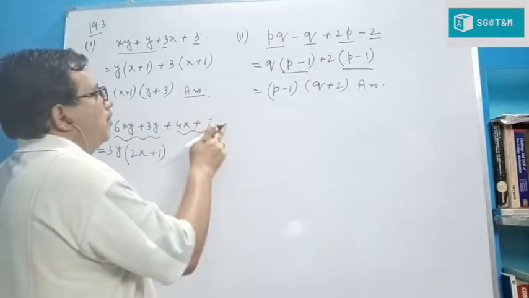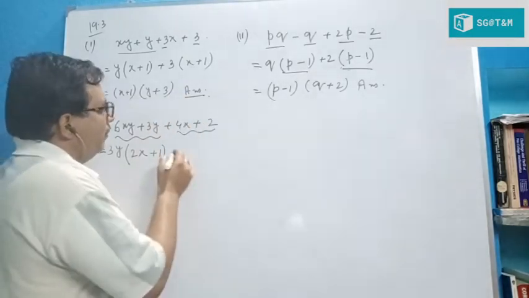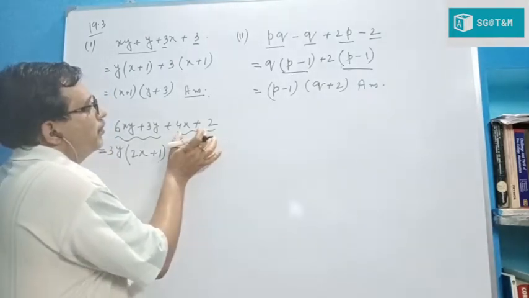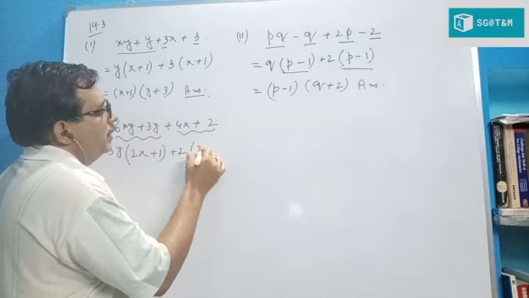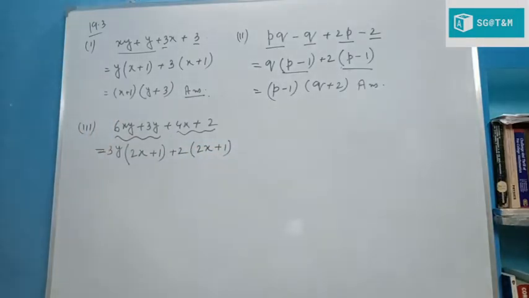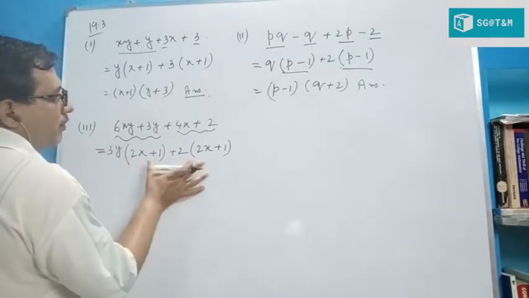So 2 is the common term, and there is no x here, so x is not common, only 2 is the common term. Now if we take common 2 from these two, then you get 2x plus 1. Now we see that 2x plus 1 is common to both the terms.